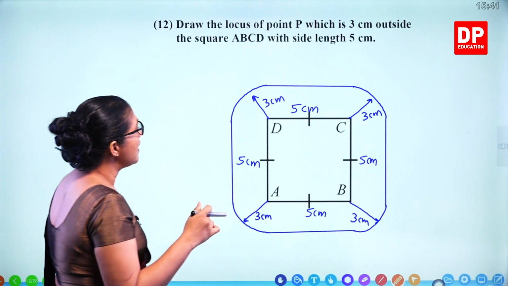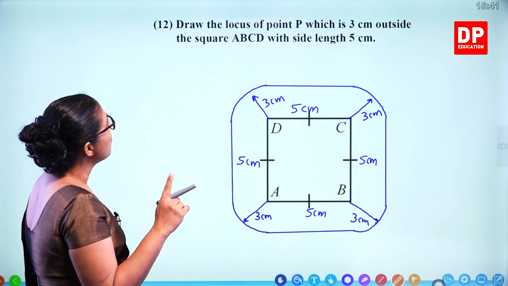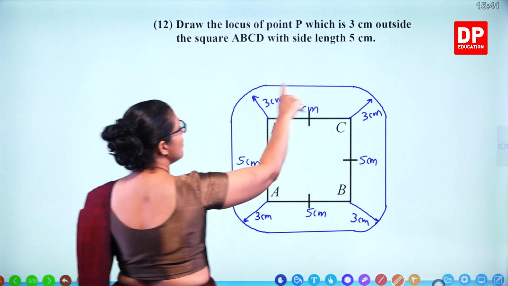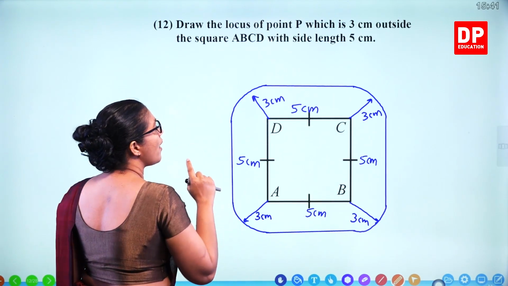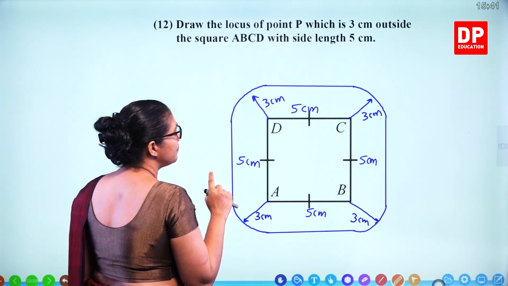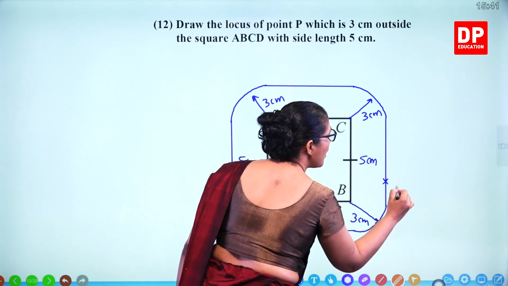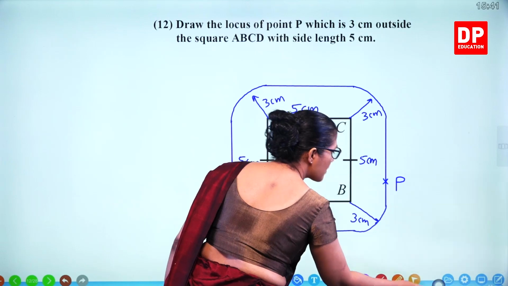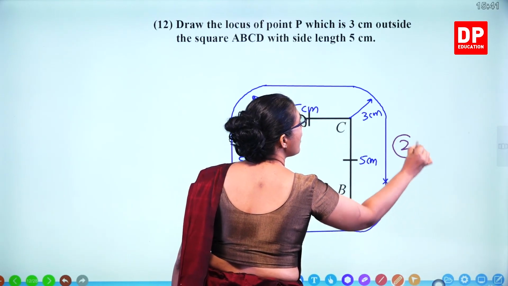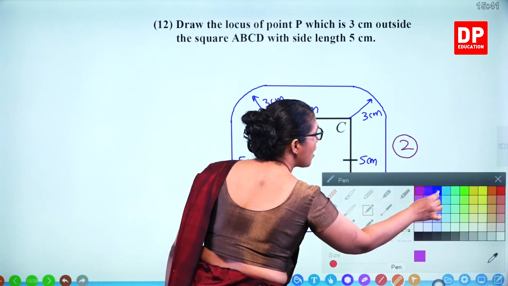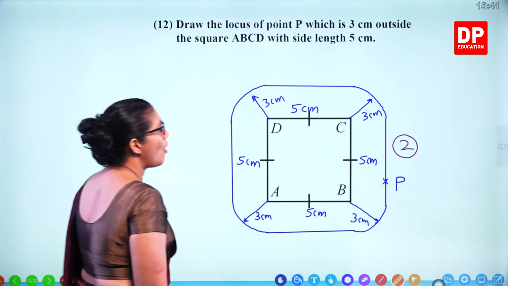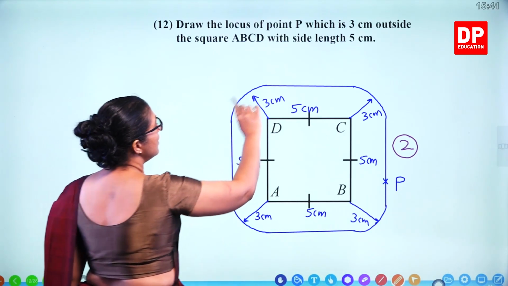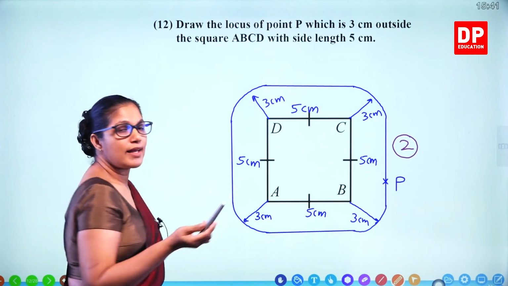So this is the locus of point P, outside the square ABCD. So P can be any point outside here. So 2 marks for drawing this diagram and marking P also on that line. Any point you can say P.